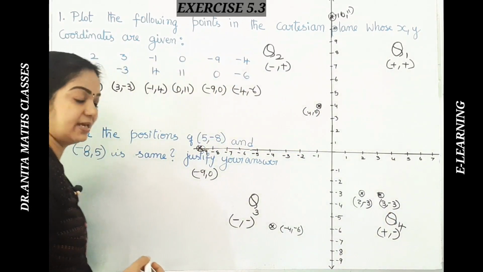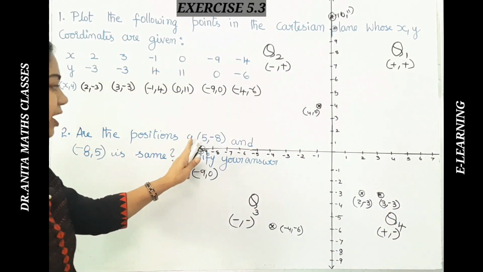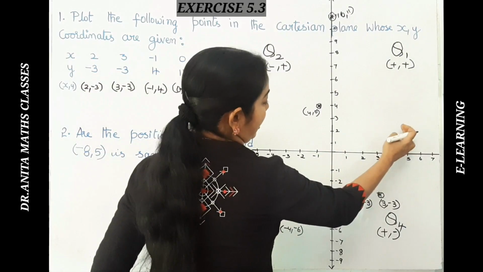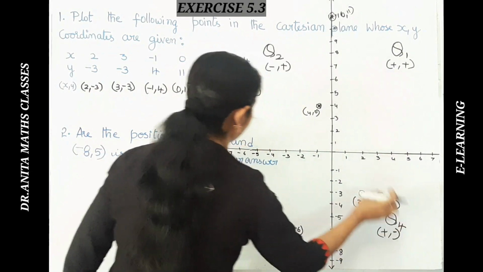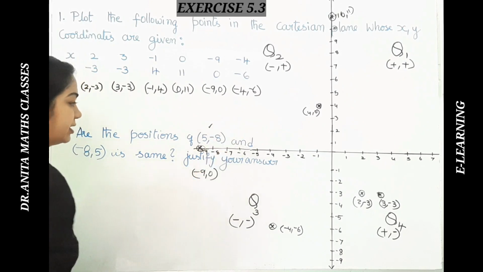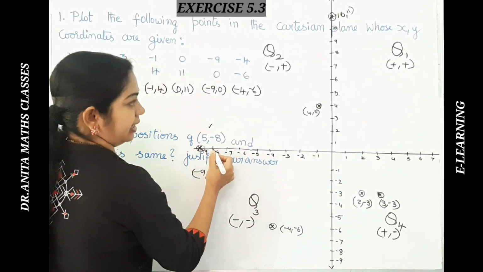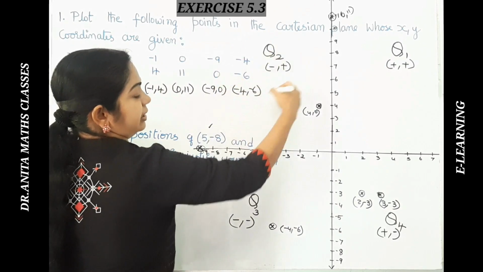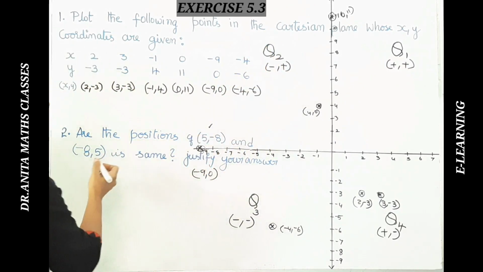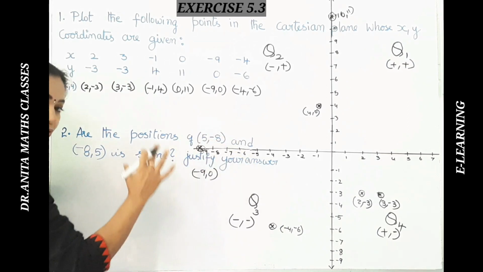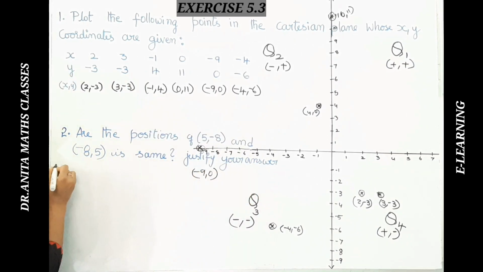So likewise, seeing the second one, (5, -8) means here 5 and -8. That comes in the fourth quadrant. Whereas (-8, 5), see here, -8 and 5, comes in the second quadrant. So are these two points the same? No. We have to justify the answer, we should not plot it, but give the answer.